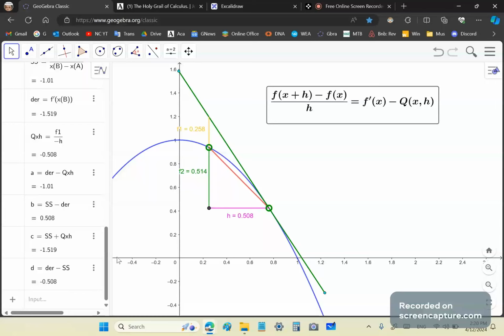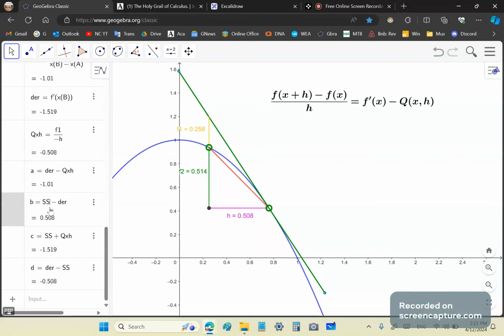And the way you can check it is by completing the similar triangles and then testing to see, for example, if you say secant slope minus derivative, which would be this one here, then you're going to get an answer of 0.508, which is correct, okay?